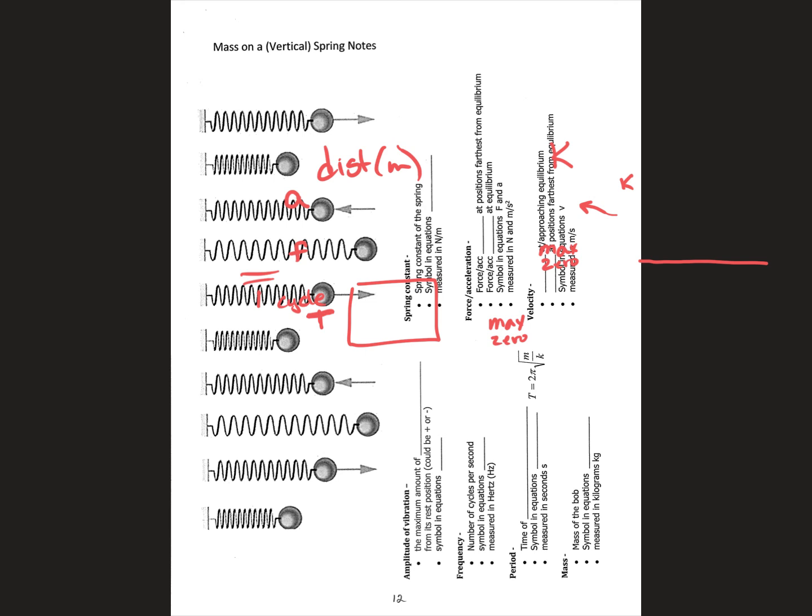The force and acceleration is 0 at the equilibrium point. There is absolutely no force on the spring because the spring is in its relaxed position. It may not look that way, but this spring has been manufactured so that it looks like that when it's at the equilibrium.